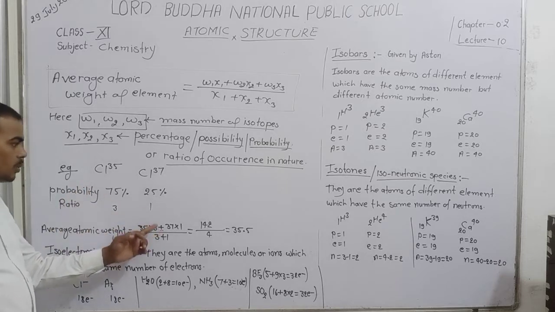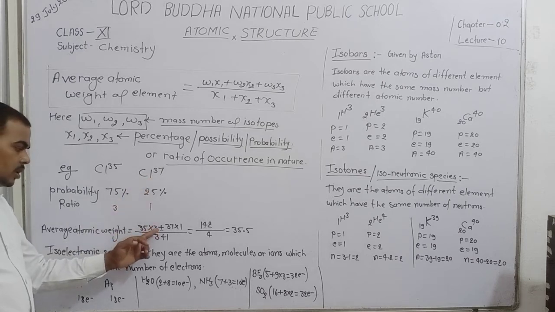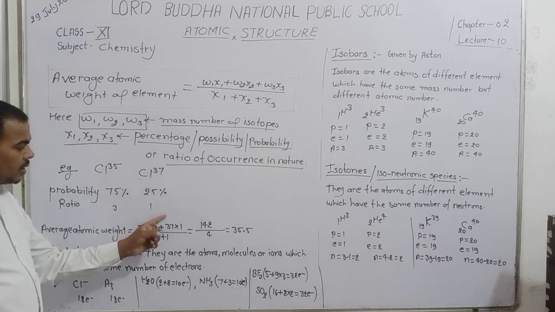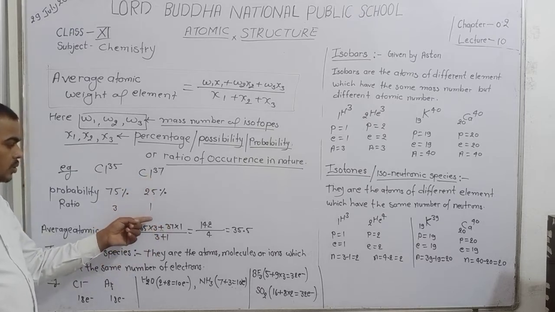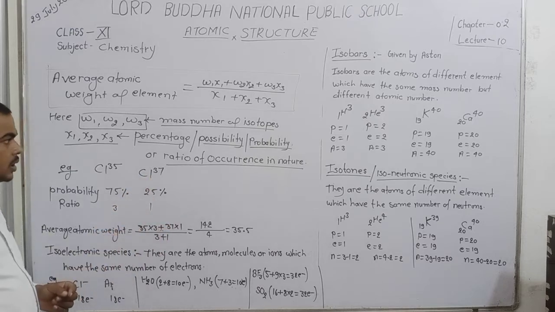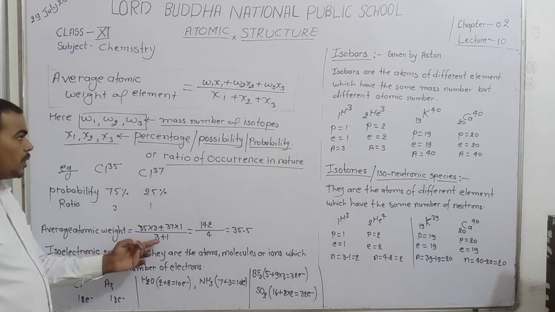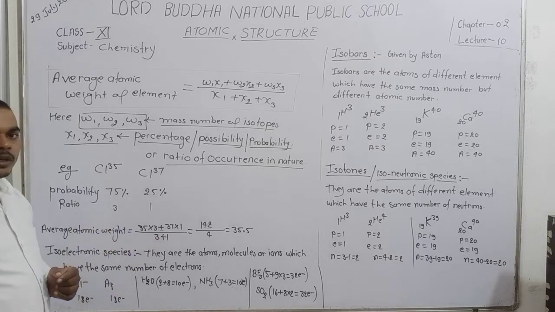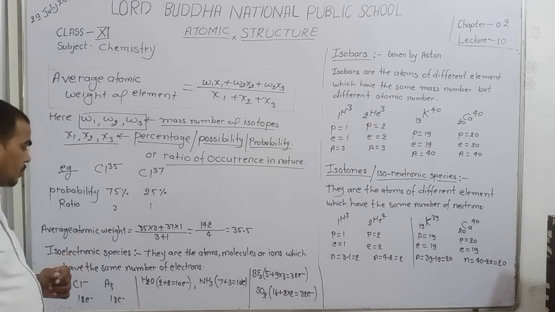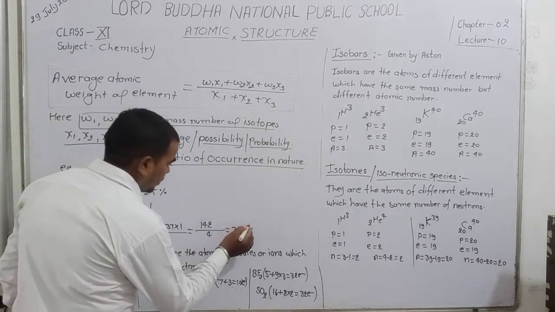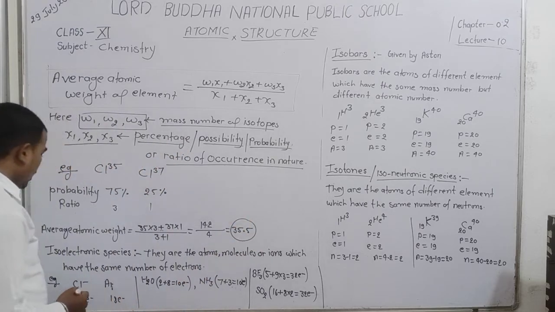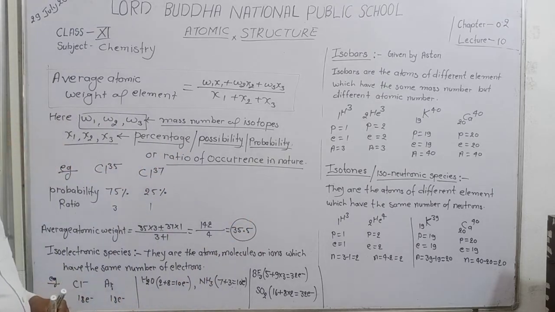The next isotope is 37, so plus 37 into its ratio 1, so write 37 into 1, and 3 plus 1 is the total ratio of the isotopes. After the calculation we obtain 35.5 as the average atomic weight of chlorine.